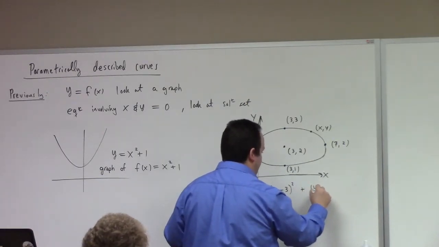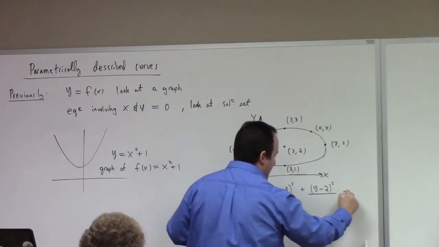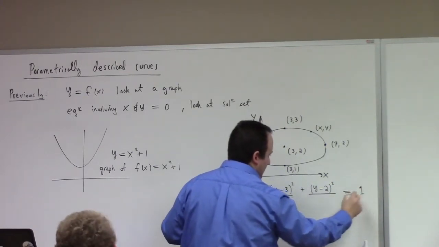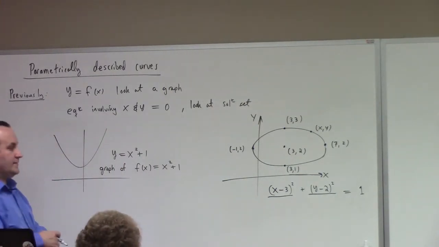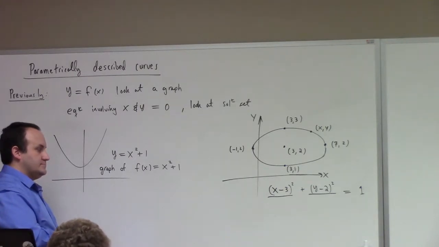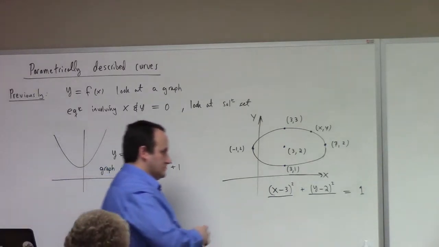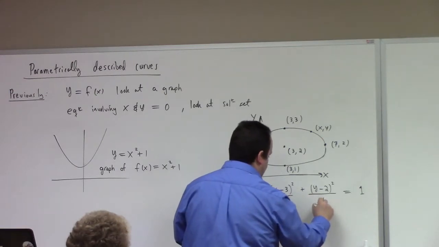And then y minus 2 squared over something equals 1. Would that be x minus 3 over 4 squared, y minus 2 over 1 squared? Right.